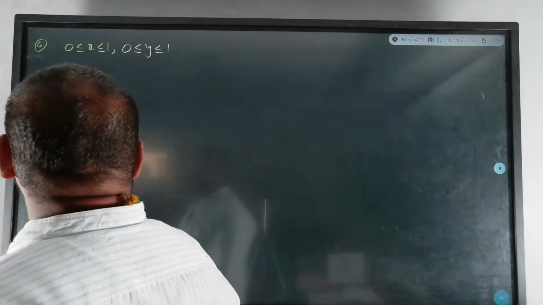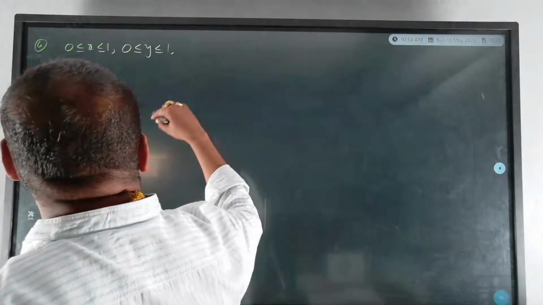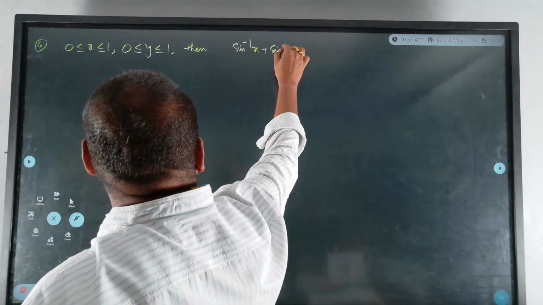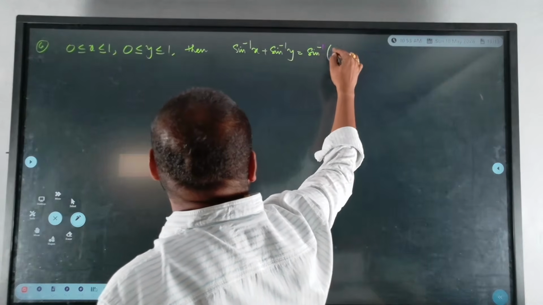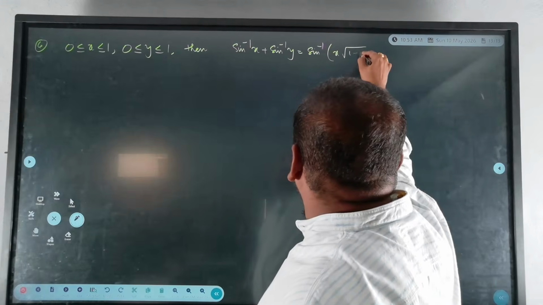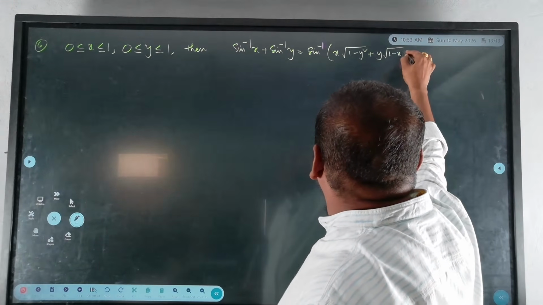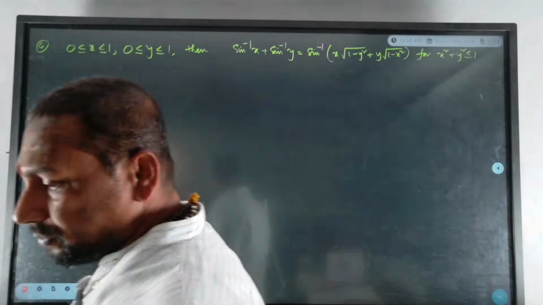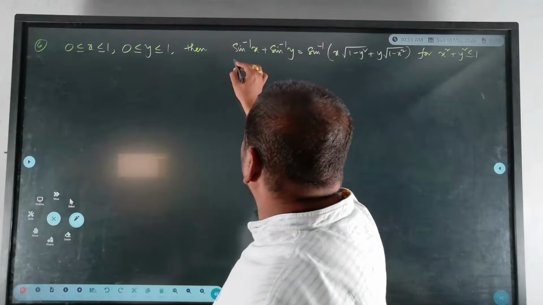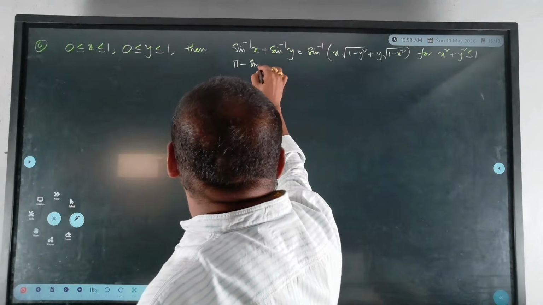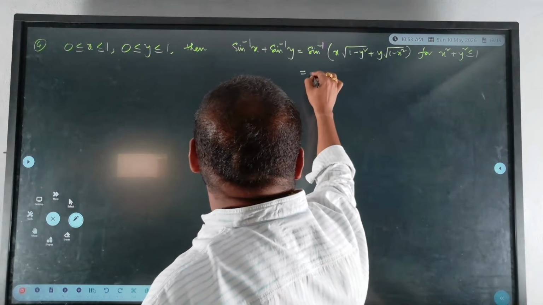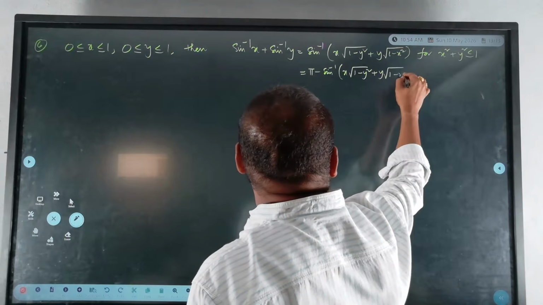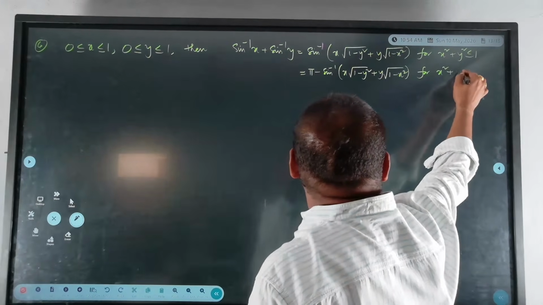Then sin inverse x plus sin inverse y is equal to sin inverse of x root 1 minus y square plus y root 1 minus x square for x square plus y square less than or equal to 1, and pi minus sin inverse of x root 1 minus y square plus y root 1 minus x square for x square plus y square greater than 1.